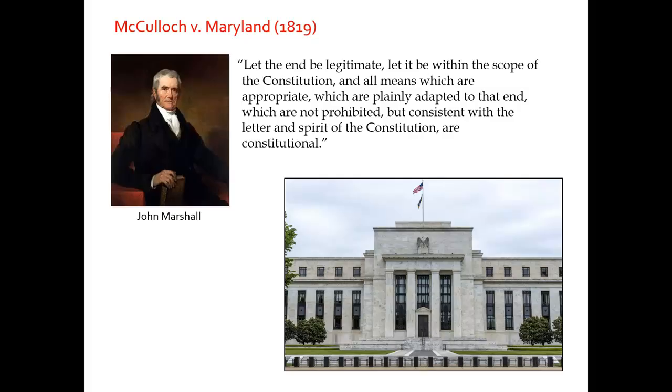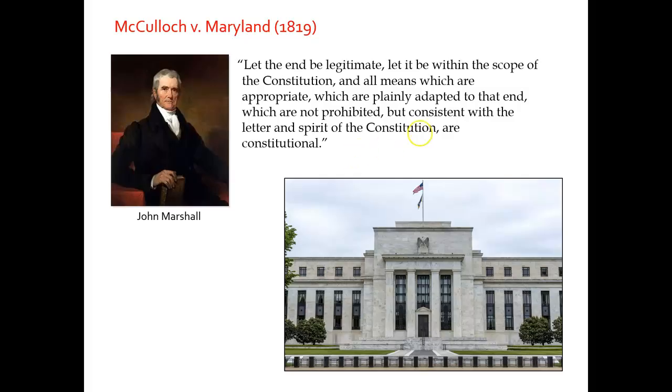So Marshall opened the door for the growth of federal government power through the necessary and proper clause to include powers that aren't specifically enumerated. That's how that case was resolved.